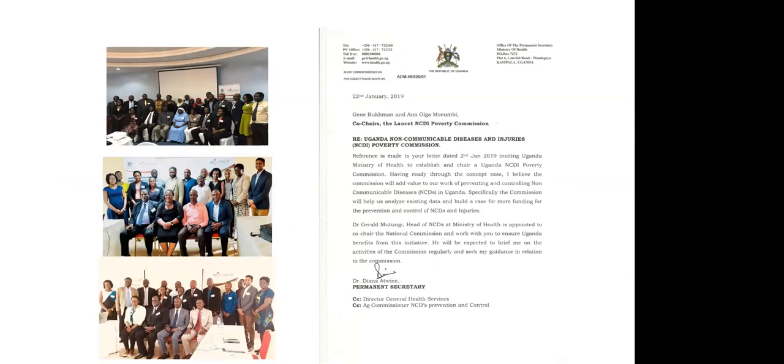So the NCDI Commission work was officially sanctioned by the Ministry of Health in 2019, and we launched it in August 2019. And you can see on the left, these are members of the commission who participated in the different meetings. So the commission had 5 major objectives.